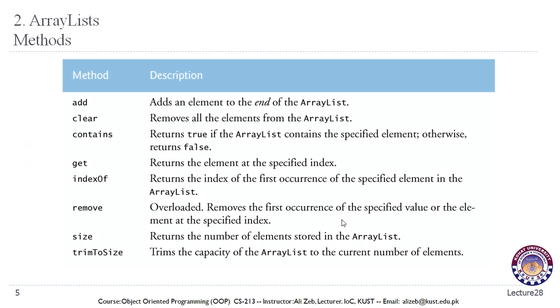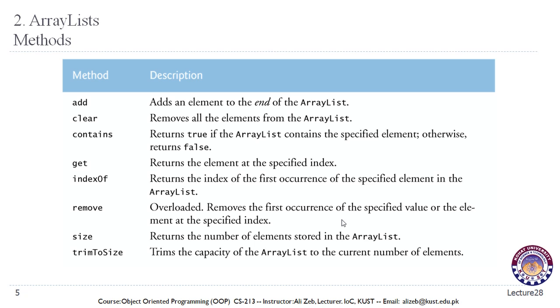These are the different methods that we can use with the ArrayList. We have an add method that adds an element to the end of the ArrayList. A clear method removes all the elements from the ArrayList. A contains method returns true if the ArrayList contains the specified element, otherwise false. A get method returns the element at a specified index. An indexOf method returns the index of the first occurrence of the specified element.